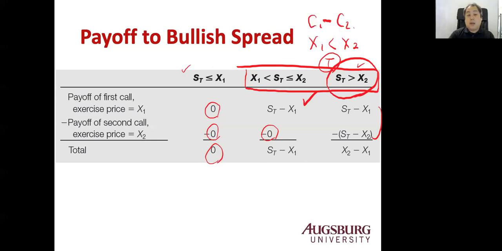The lower exercise price call option, you are long position, so you buy the call option. The second one, you are on short position, so you write a call option. So you lose money from exercising the second call option, and you receive money from exercising your first option.